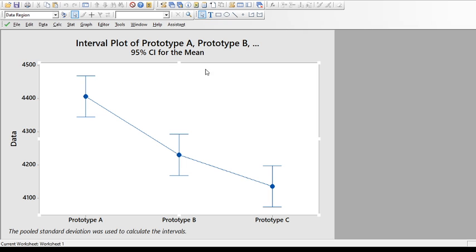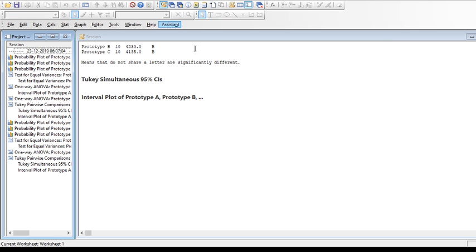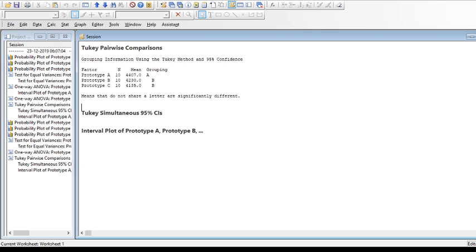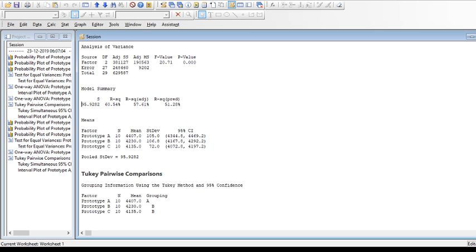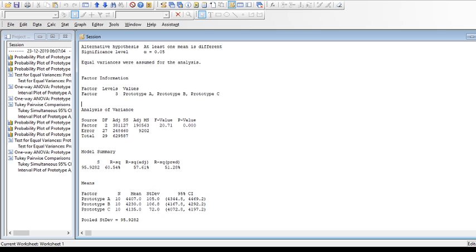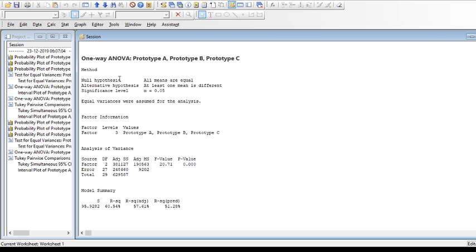This is what I get first as a visual result. Okay, so now let's look at the statistics of it, right? So I hope you can see my window. Yes. So let's see what the result in the session window is telling us, right? Okay, so this is the one-way Anova analysis, right?